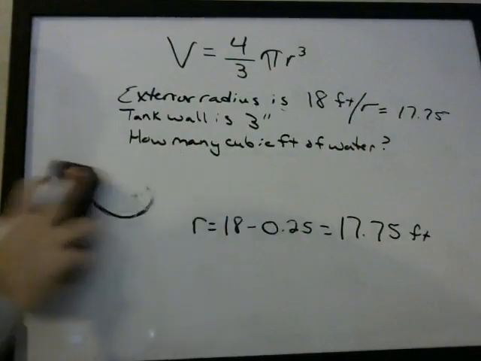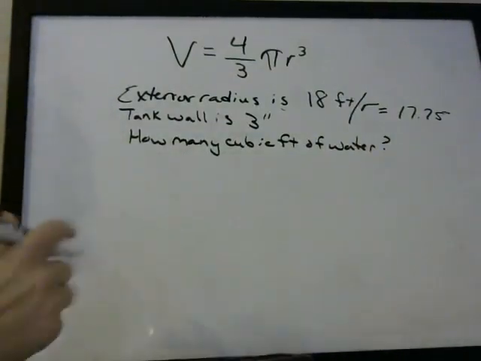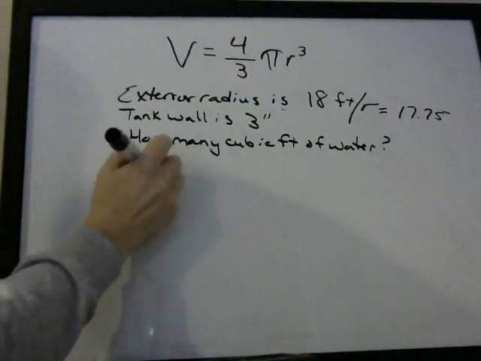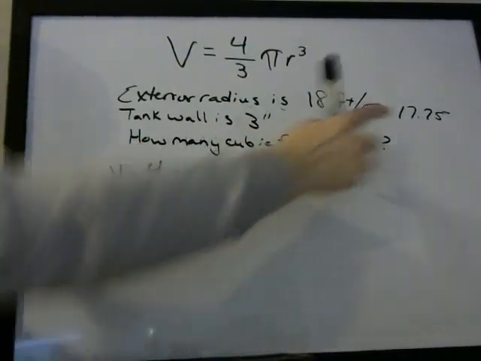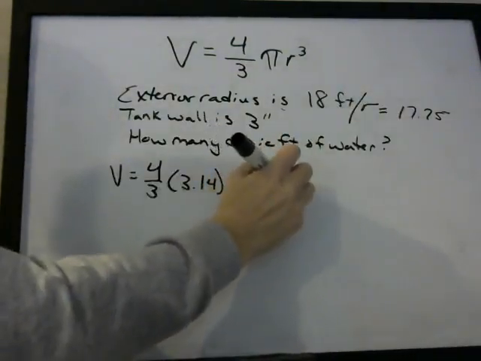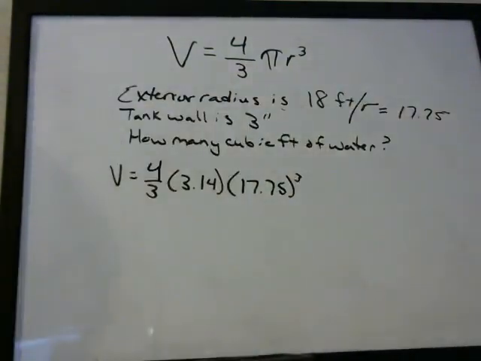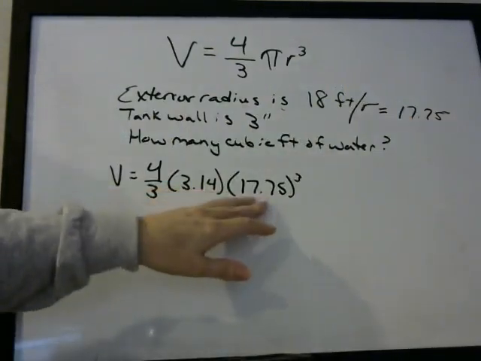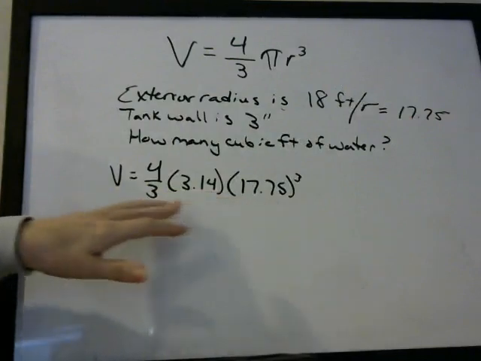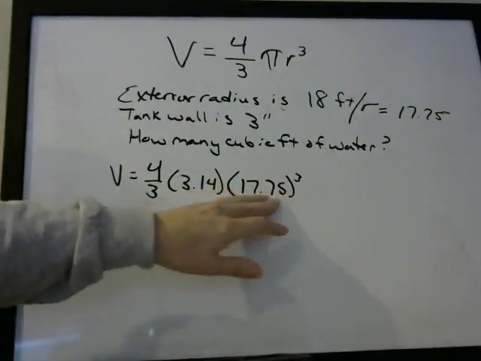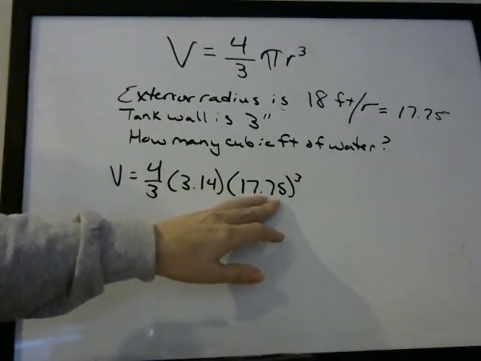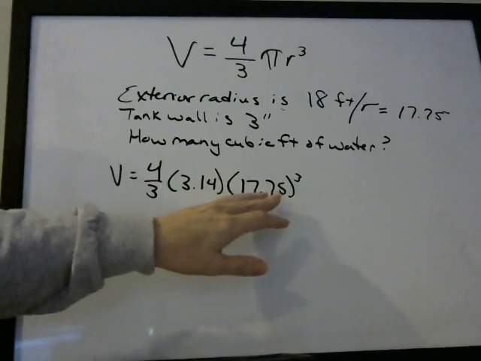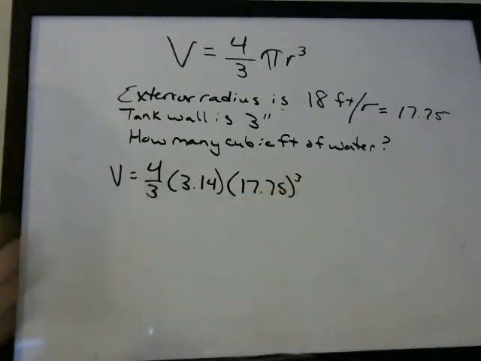Okay, so now that we have a radius, we can solve this problem. Volume equals 4/3. Pi is 3.14 times 17.75 cubed. So we just do the same thing. This is more computationally extensive, but it's the same formula. So you plug 17.75 times 17.75 times 17.75 into your calculator because that's what 17.75 cubed means.